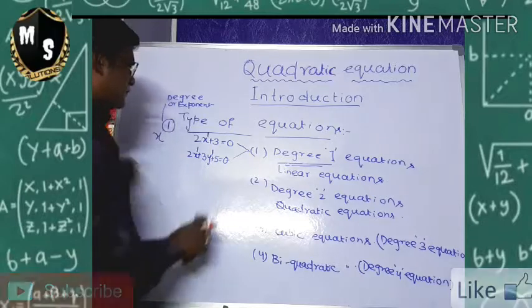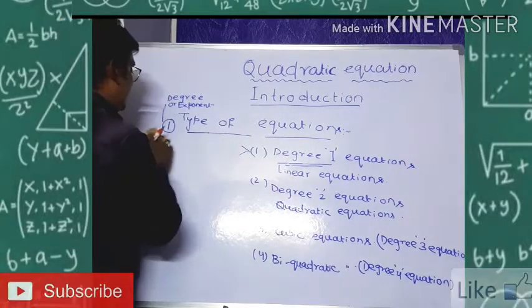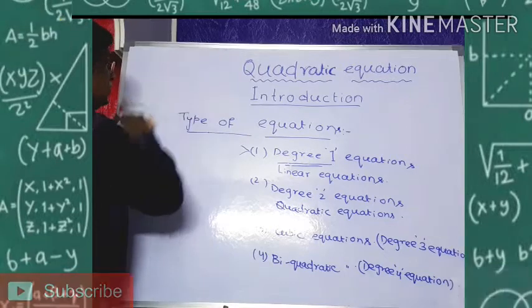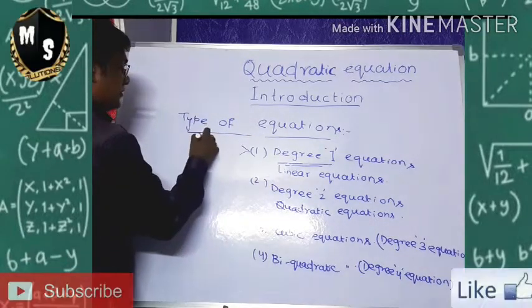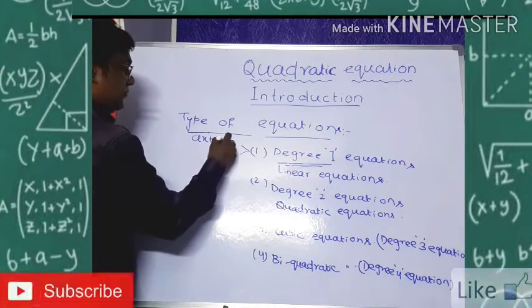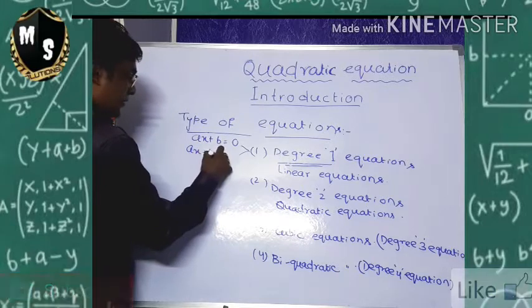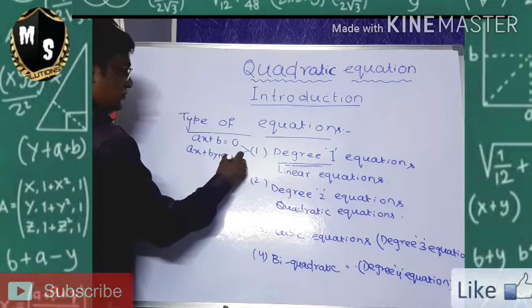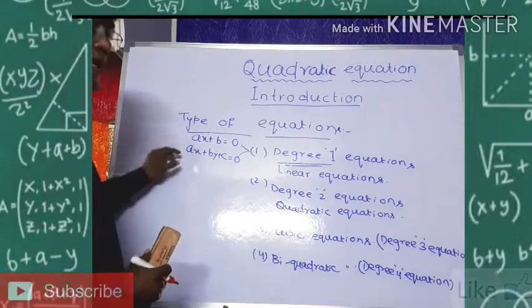Understood now? When I am saying degree 1 equations, I said degree 1 equations are always called linear equations. The format for a linear equation is ax plus b equal to 0 or ax plus by plus c equal to 0. You can take c to that side also, but these are called a format.